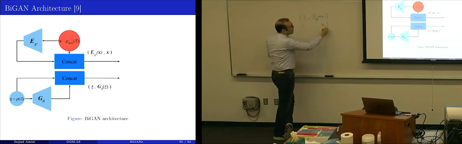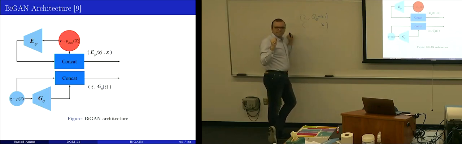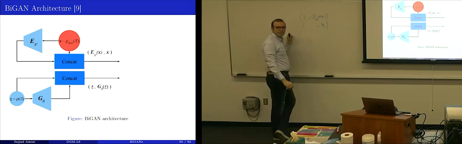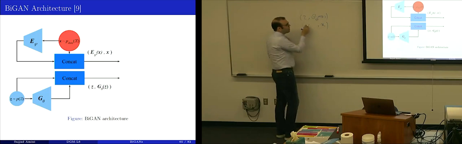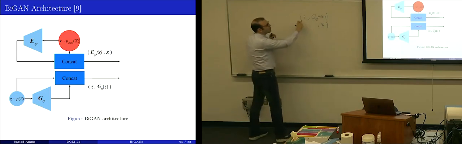Now, I also have X because I sample it from the training set. If the distributions of these two are matched, when having X here, E psi should generate something here that mimics the behavior of the above. What is the behavior of the above?